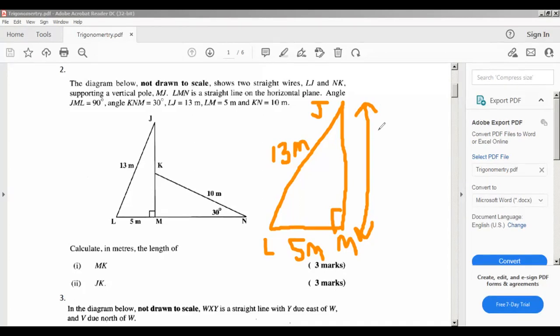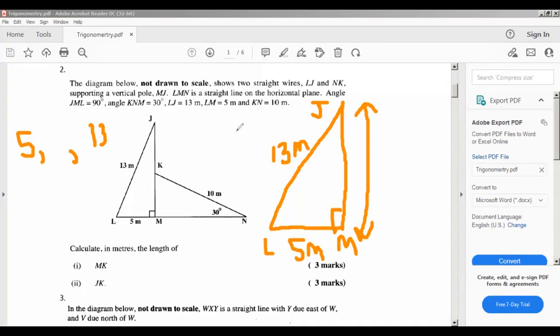Gabriel said, very good. What is JM? Isn't this a triple? Pythagorean triple. Look at the examples I gave you. 3, 4, 5. Is it a triple? 5, 12, 13.